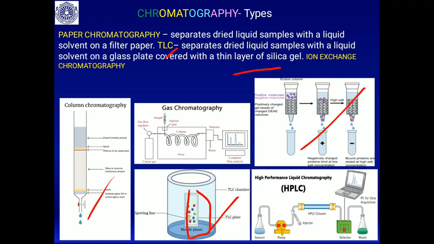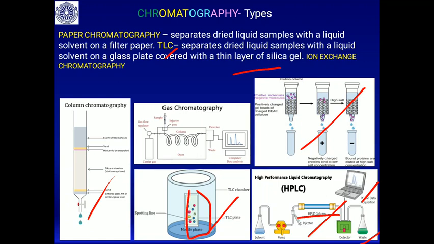This is called high performance liquid chromatography, HPLC, with a specially made column for the different components, and we can analyze this on the computer screen and separate into different containers.